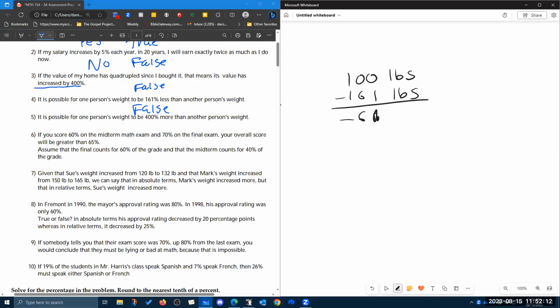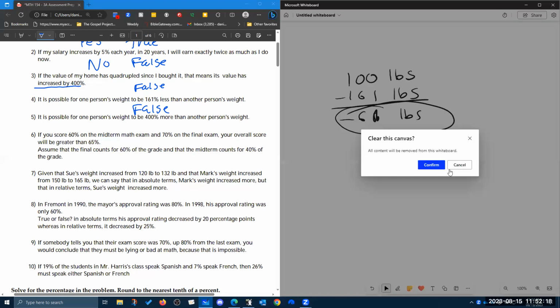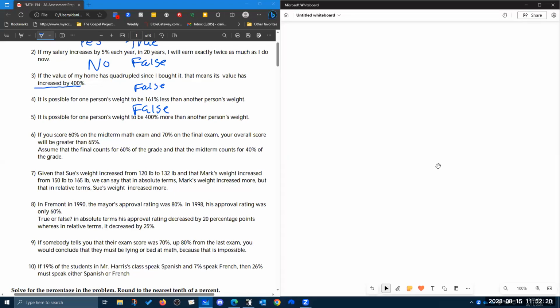There's no such thing as someone weighing a negative weight like this. So no, that's false. We can't do that with certain values like weight, where the lowest value that they can go to is 0.